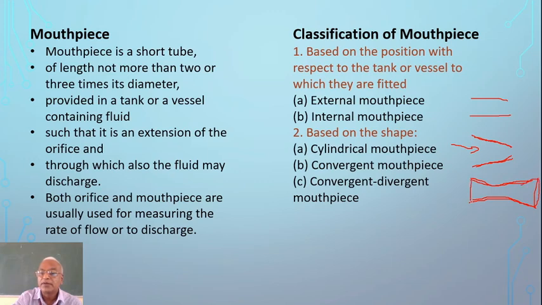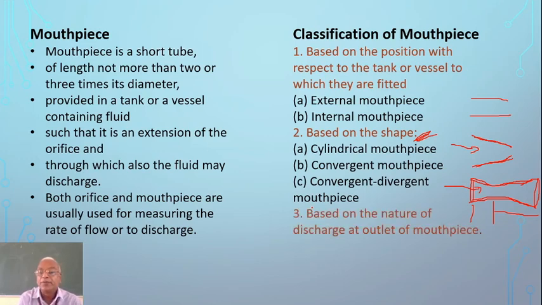Here it will be the entry. So this is the convergent divergent. The flow gets in and you can observe that the length of convergence will be slightly less and the length of divergence a bit more. So based on the shape, not the elevational shape, you can just see here it is cylindrical, convergent or convergent divergent.